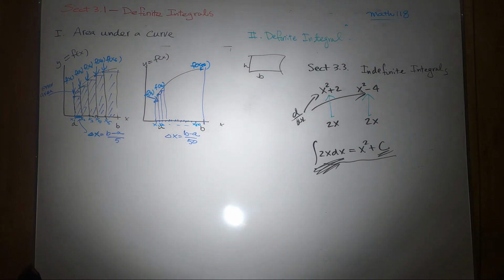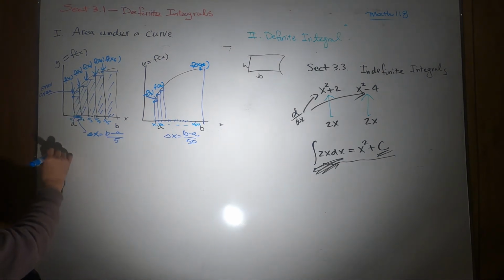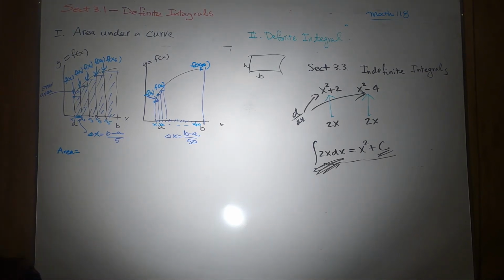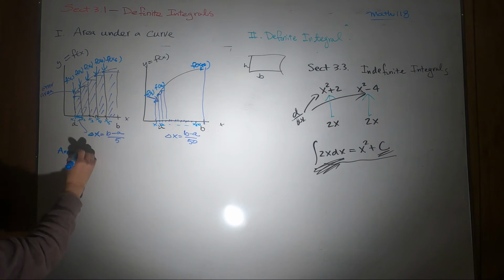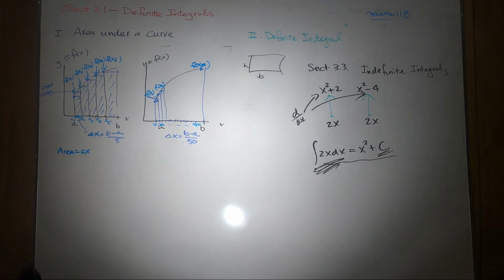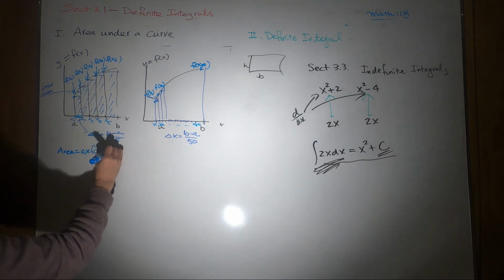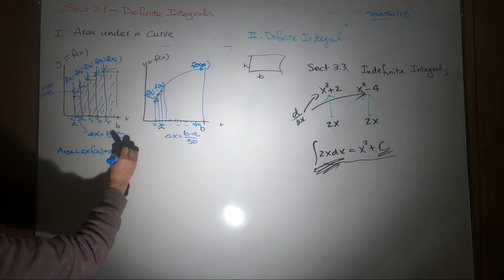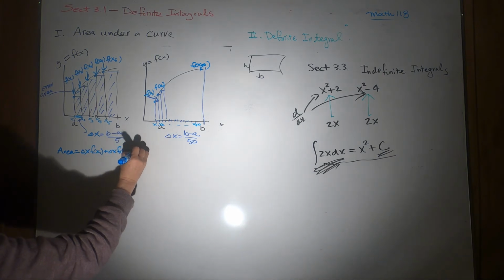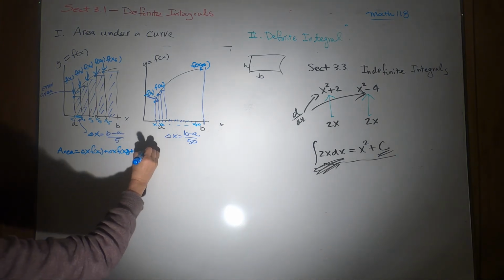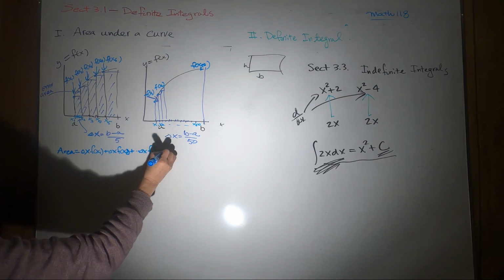Then think about this area. So this area is what? Base times height. Your base is what? Delta x, all the same, right? So you times what? f(x1) plus delta x times what? f(x2), all the way to where? Delta x times f(x5), right?